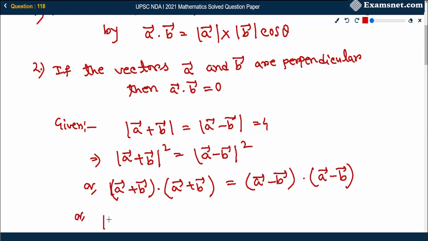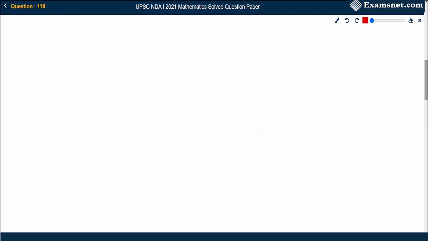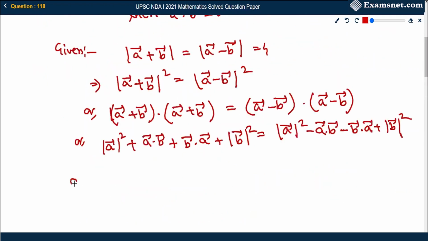Okay, now we can write the expanded squares.